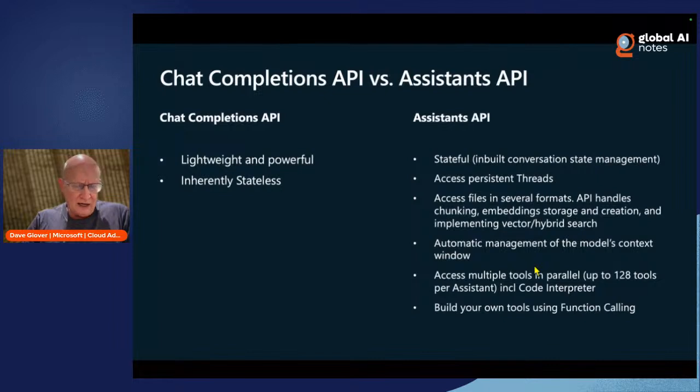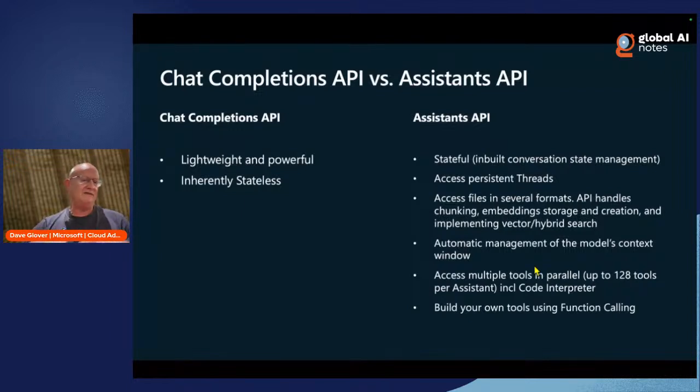So I just want to quickly compare and contrast with the OpenAI chat completion, so things like GPT-3.5 Turbo or GPT-4 Turbo and those types of models. So you'll be familiar with those. They're relatively lightweight and powerful, but as you will appreciate, they are inherently stateless.